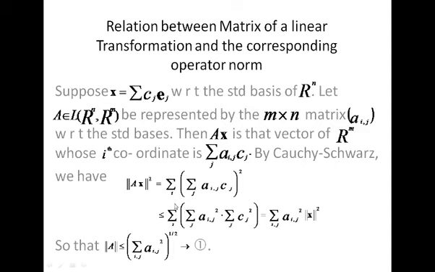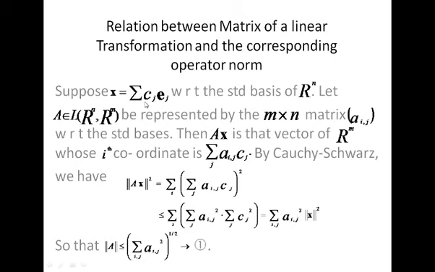Remember Cauchy-Schwarz inequality? What is that? Sigma over j xj yj whole square less than or equal to sigma over j xj square into sigma over j yj square. So if you apply Cauchy-Schwarz inequality to this bracket square, you will get this bracket. Then sigma over i is carried over here also. Now look at this term. This is independent of i. So this can be taken out here, and again it can be taken out here outside sigma over i. So what is sigma over j Cj square?